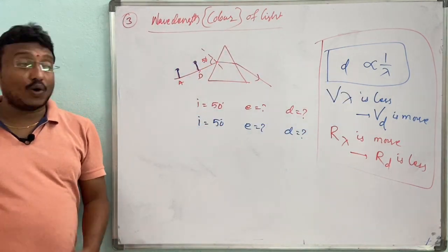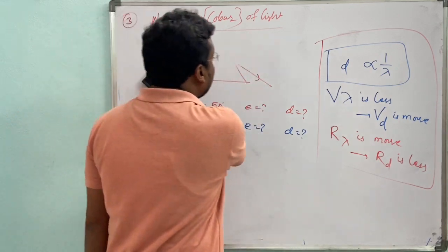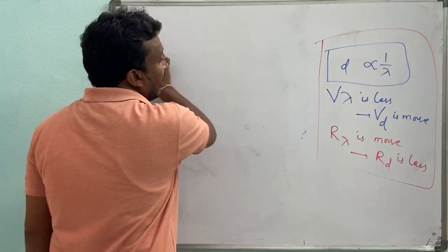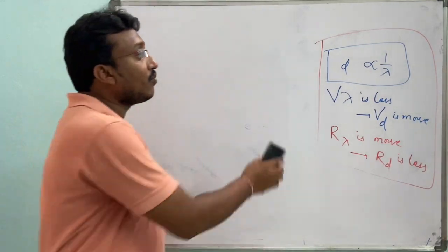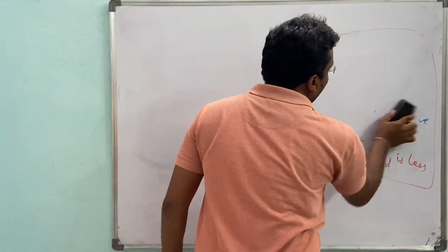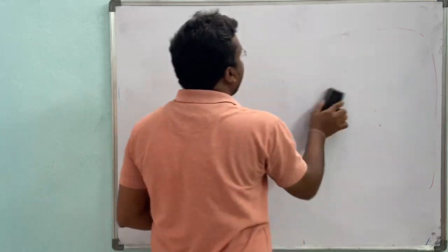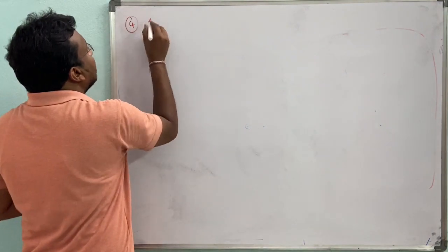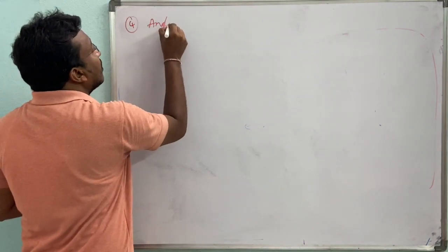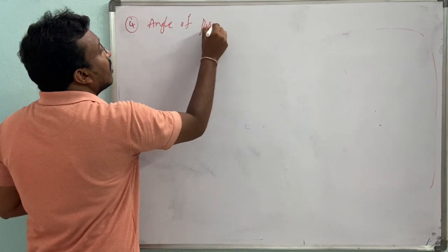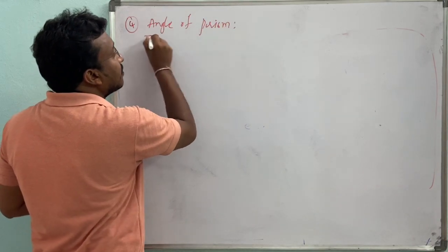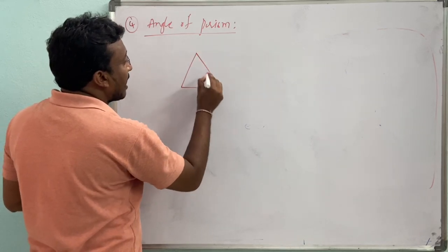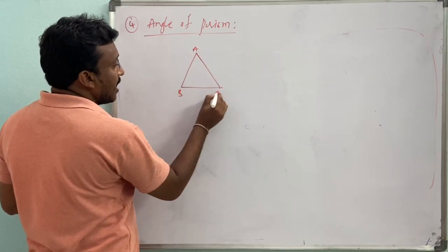Then one more factor also affects the angle of deviation. What is that? Angle of prism. The last factor, angle of prism. For example, I have taken prism ABC.